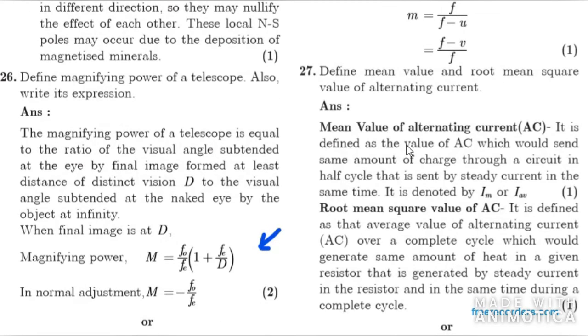Now the last question of section B is define mean value and root mean square value of alternating current.